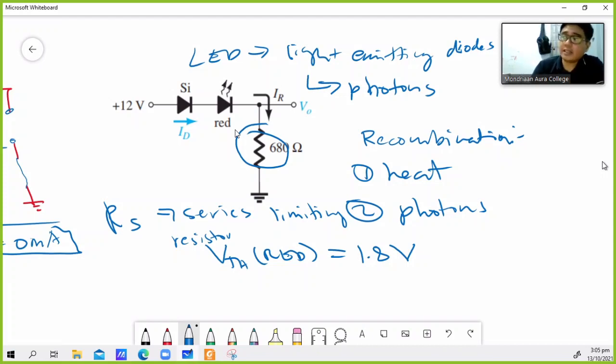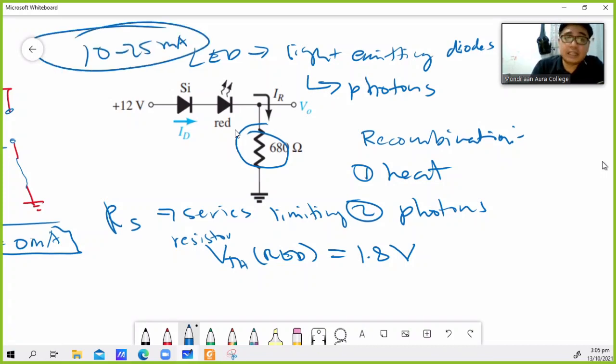Bakit? Kasi ang LED natin sa market, typically nasa 10 to 25 milliamperes ang kaya. Okay, so para malimitahan yung kuryente na pumapasok sa LED natin habang siya ay umiilaw, kailangan mo ng resistor. So the higher the resistor is, the lower the current. The lower the resistance, the higher the current. So i-compute natin yan pagdating natin sa mga LED circuits.